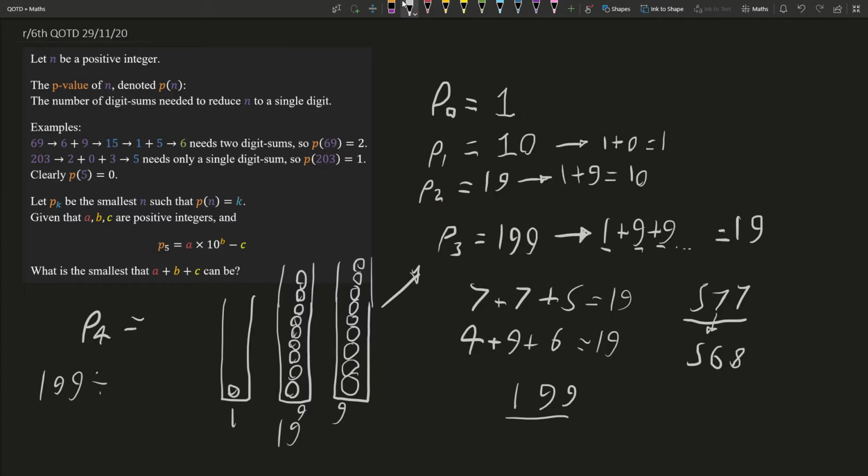Well, we need 199 divided by 9 boxes. And this turns out to be 22, remainder 1. And this is because 199 is 198 plus 1. And 198 is just 99 times 2, which itself is 9 times 22. Cool.